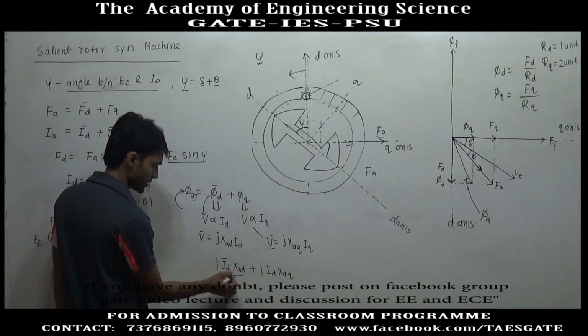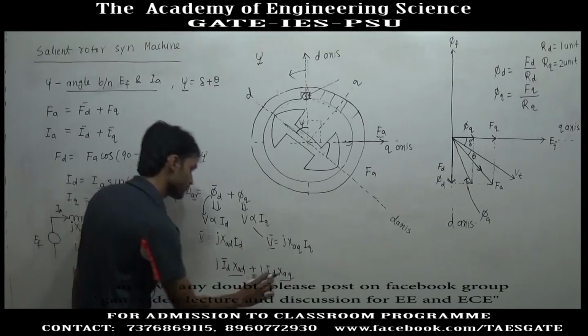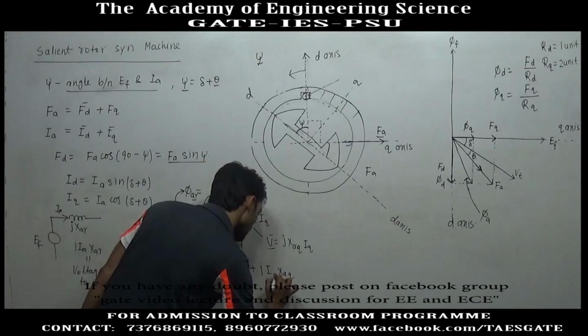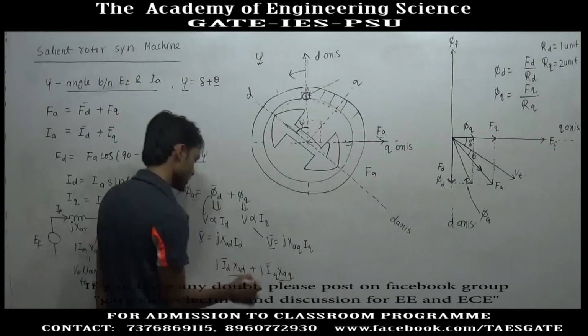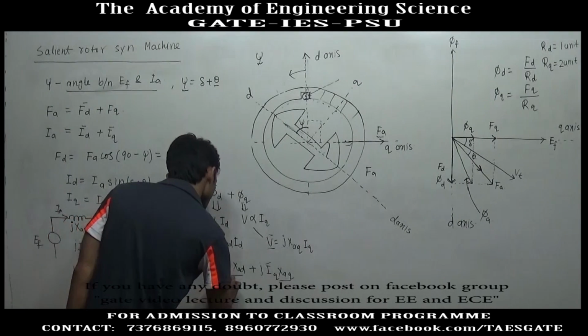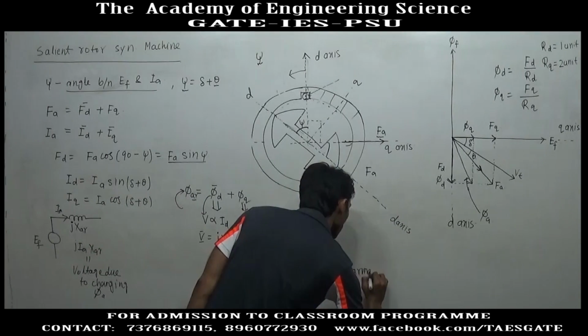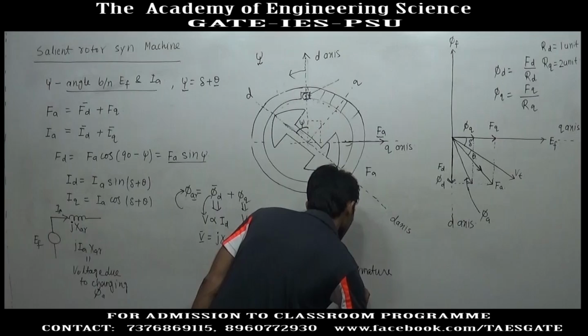This is the effect of D axis flux and this is the effect of Q axis flux. Here we will have IQ, and collectively both the effects are due to armature flux.